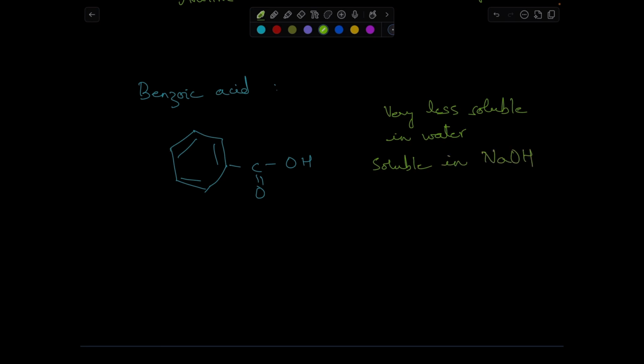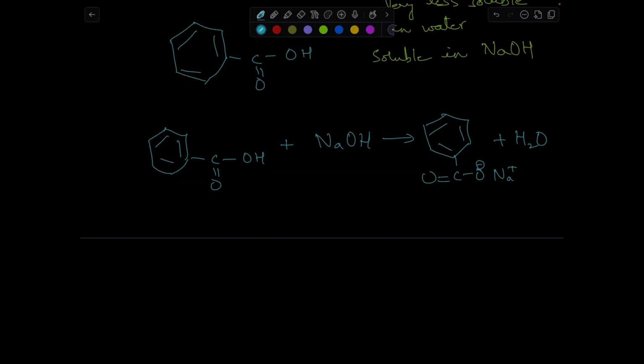So in sodium hydroxide, benzoic acid can form the sodium salt of benzoic acid. Again, in sodium bicarbonate also, benzoic acid can form the sodium salt of benzoic acid. So again, it's soluble in NaHCO3 as well.